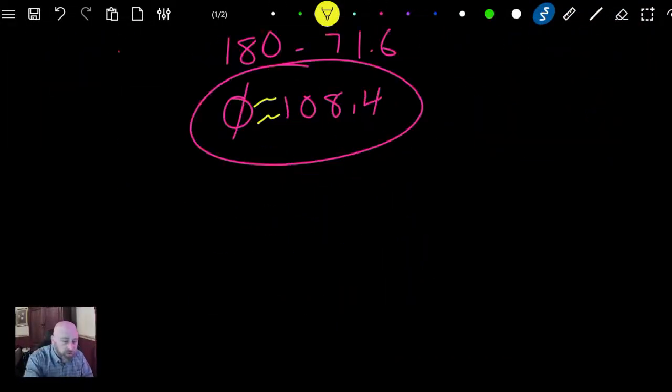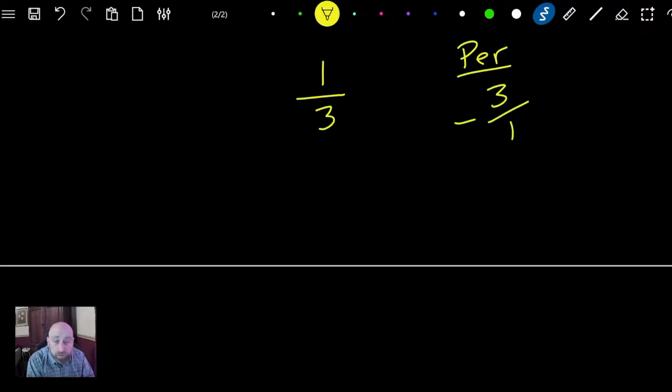Negative inversion of slope. Let's say your slope is 1/3. The negative inversion of that, to have a perpendicular line, the slope would now be -3/1. So you just take your fraction, whatever slope is, you flip it, and then you put a negative sign with it. So let's say slope was -2.